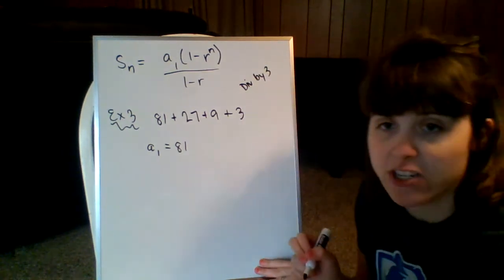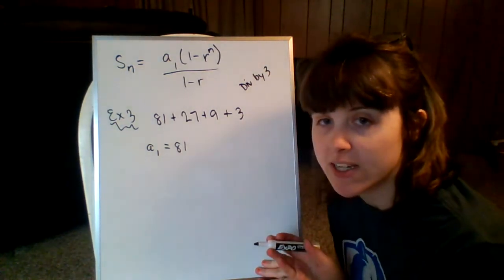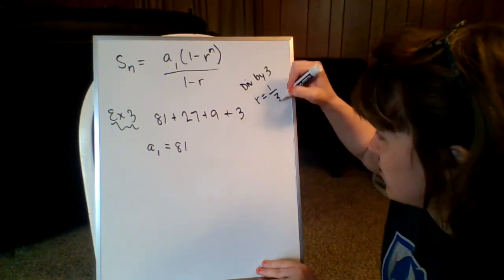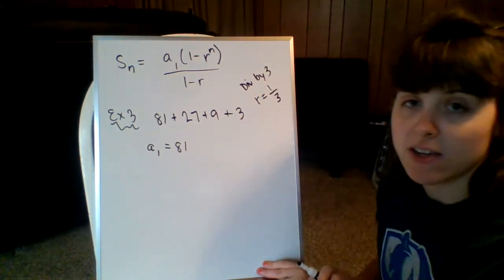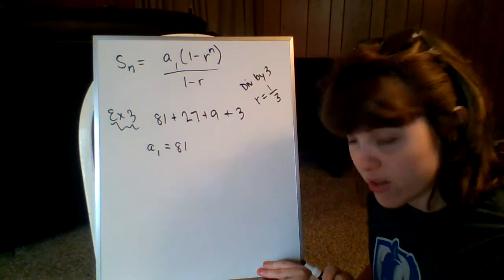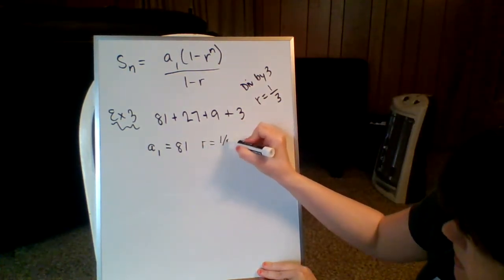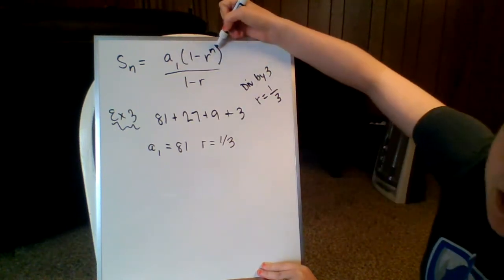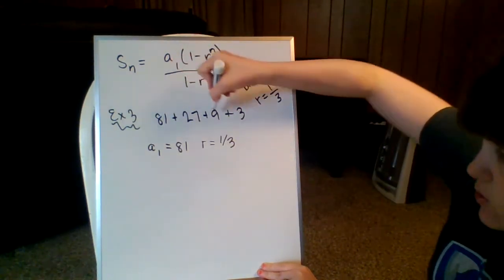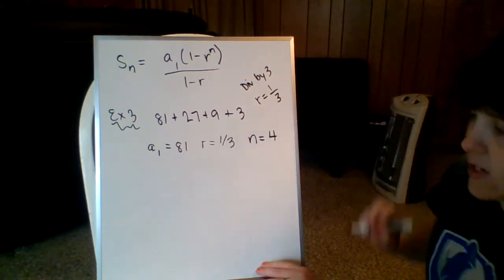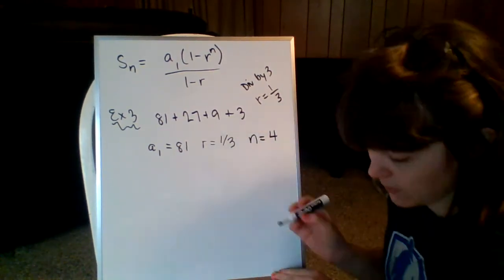But since ratios are kind of what you're multiplying by each time, the ratio is actually 1/3. Okay? And so 1/3 is our ratio. Now, n is how many numbers are in this list. So 1, 2, 3, 4. N is 4.